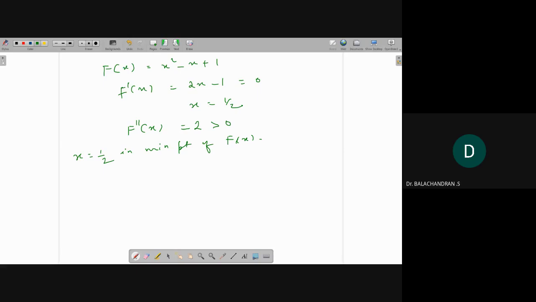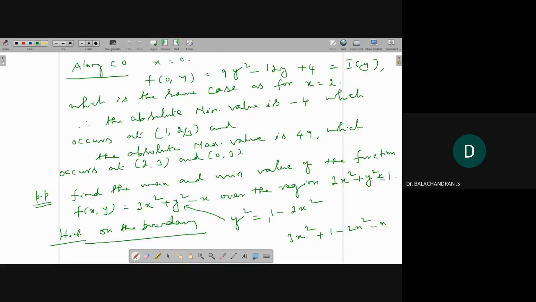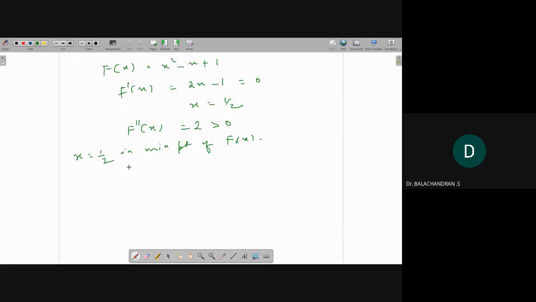So we know that y square equal to 1 minus 2x square. From this we can find the value of y. So at x is equal to 1 by 2, y square equal to 1 minus 2x square, so y square equal to what? 1 minus 2 times 1 by 4, which is equal to 1 minus 1 by 2, which is equal to 1 by 2.